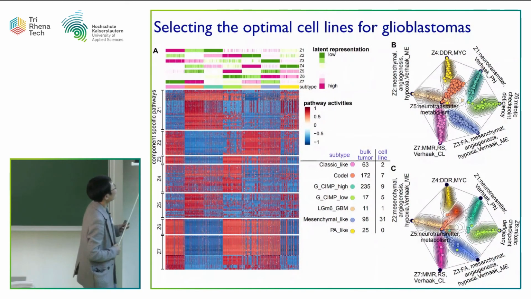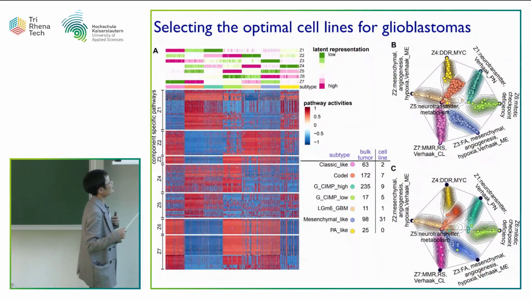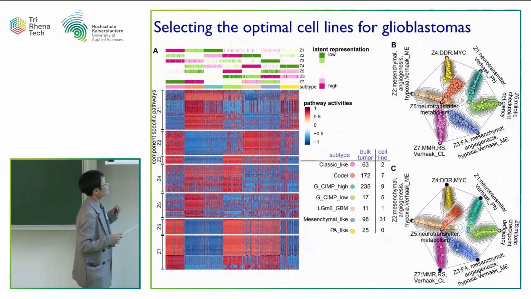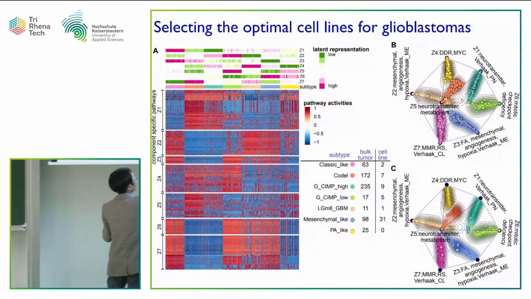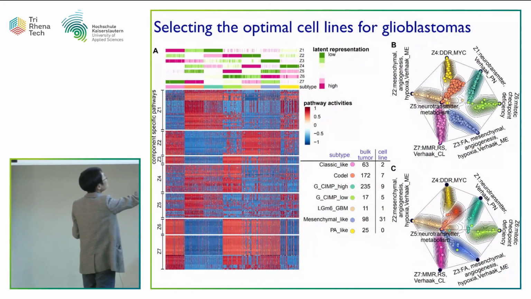Yeah. And then we correlate the pathway activities with the latent representations. This allows us to annotate each of the latent representation vectors.